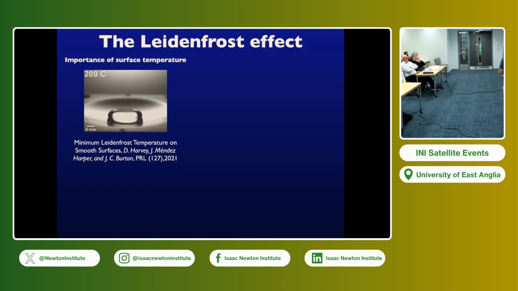And in this recent work published by Dana Harvey and co-workers, it was observed that Leidenfrost drops can exist when the temperature of the surface is decreased below what is called the Leidenfrost temperature. Initially, the temperature has to be high enough to levitate the drop, but afterwards, even when the temperature decreases below the Leidenfrost temperature, the droplet is still stable.